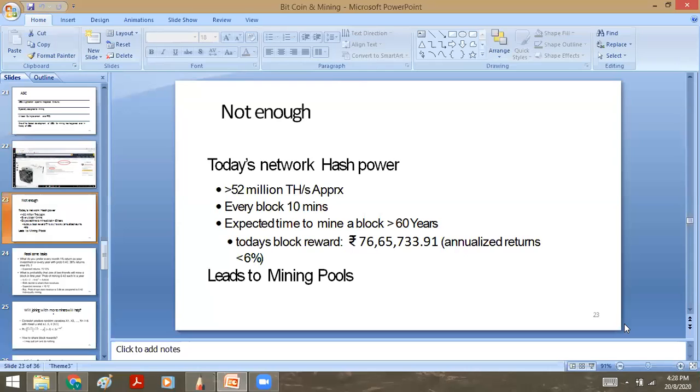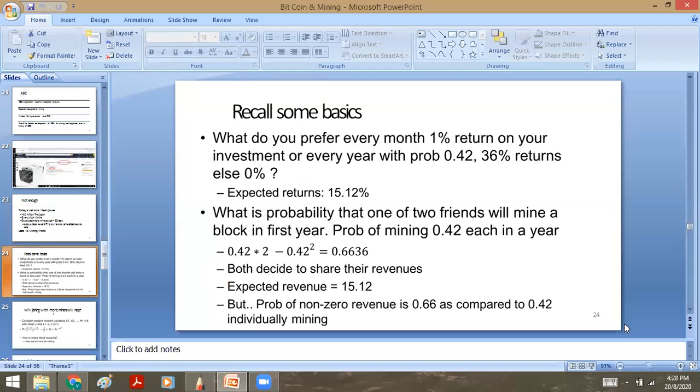Now this is what led to mining pools. What happened is, as the probability of solving the puzzle is becoming lower and lower with time, the concept of mining pools came, where a group of people maintain a mining pool, and if at least one node solves the puzzle, they share the reward among themselves so that they can sustain over a period of time.